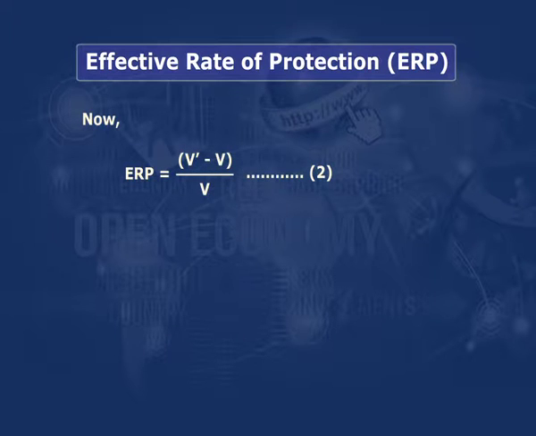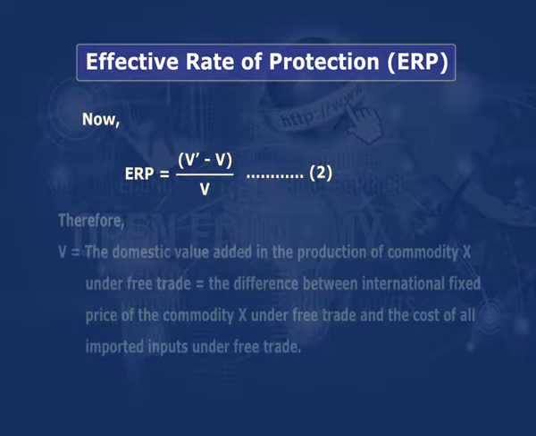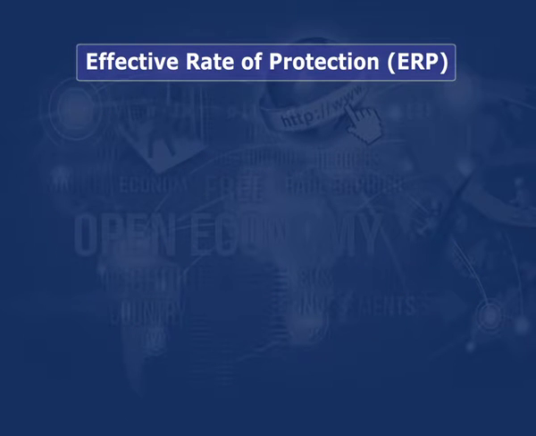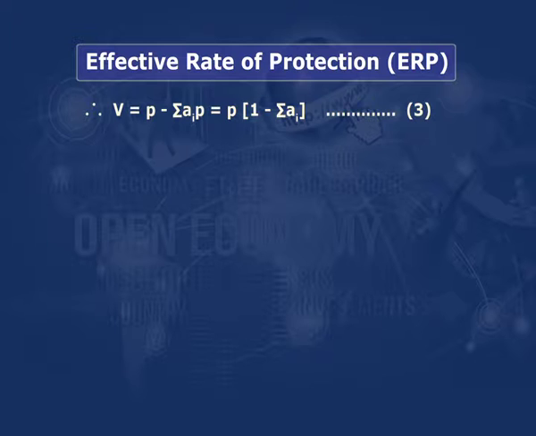Now, ERP is equal to (V dash minus V) upon V. V is the domestic value added in the production of commodity X under free trade, that is equal to the difference between the international fixed price of commodity X under free trade and the cost of all imported inputs under free trade. Therefore, V is equal to P minus summation AiP, which is P into (1 minus summation Ai).